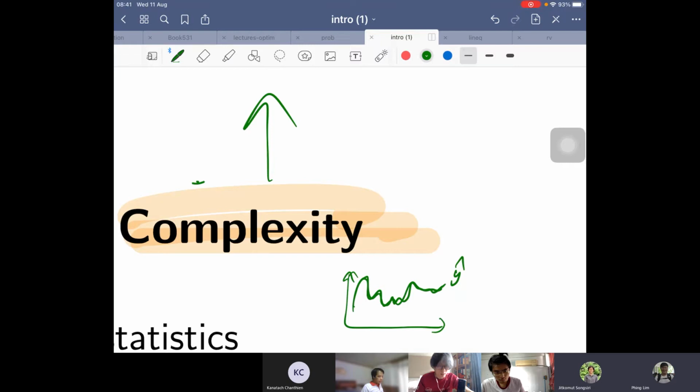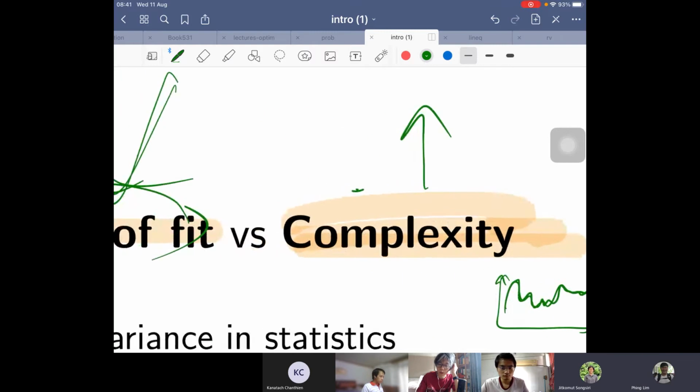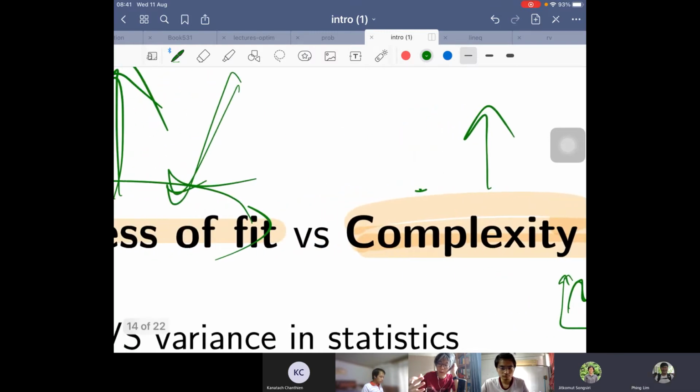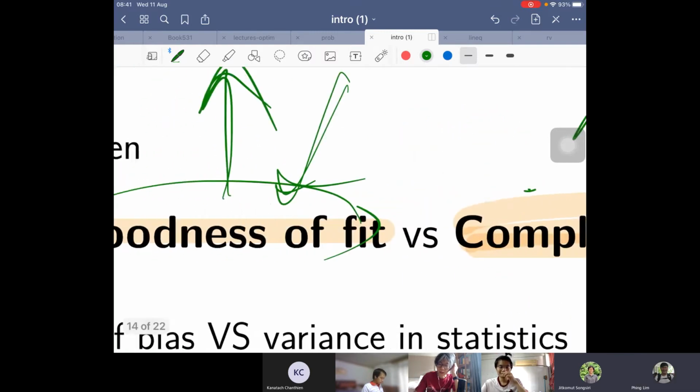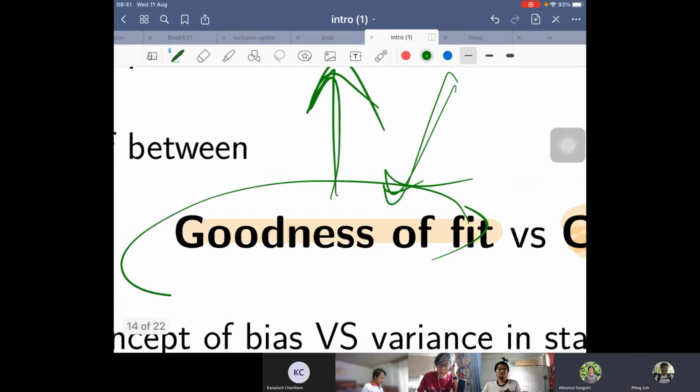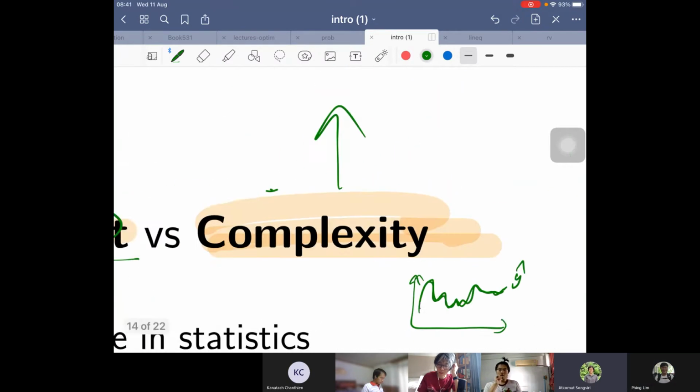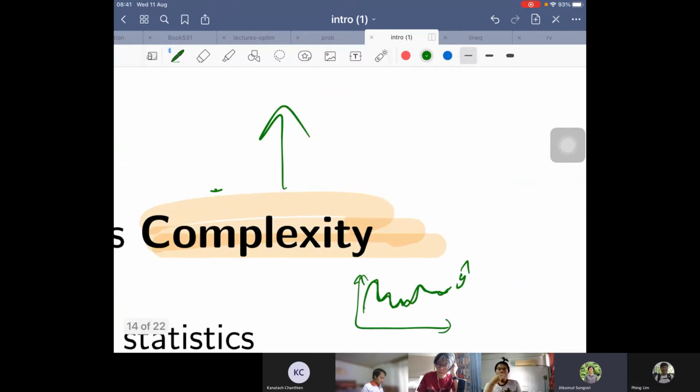Right. So from your intuition, it seems you want to pick a more complex model because it might have more flexibility to fit the data. But that seems like you are looking at flexibility instead of model complexity.